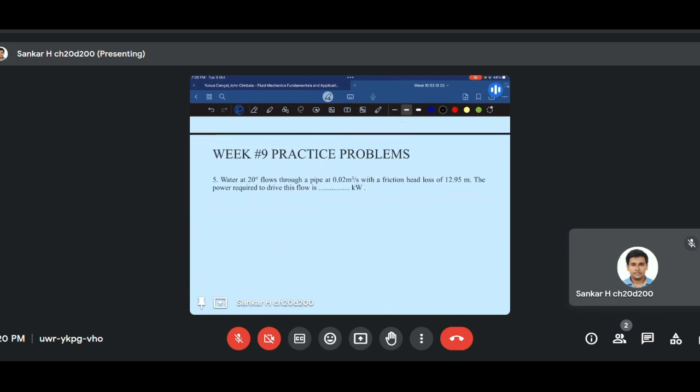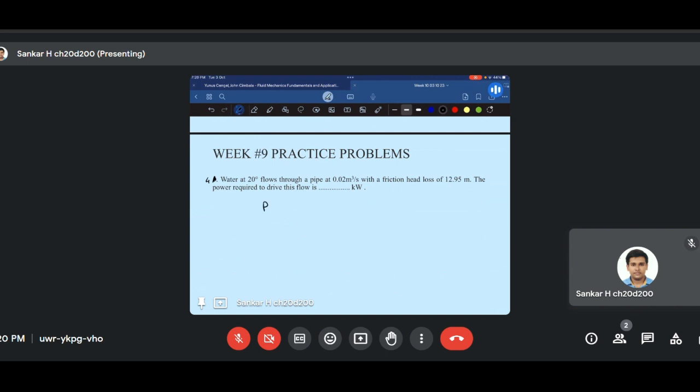Moving on to question number 4. The power required to drive this flow, which contains water at 20 degrees Celsius through a pipe at 0.02 meter cubes per second with a frictional head loss of 12.95 meter.